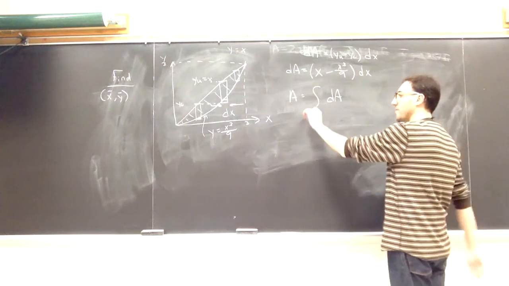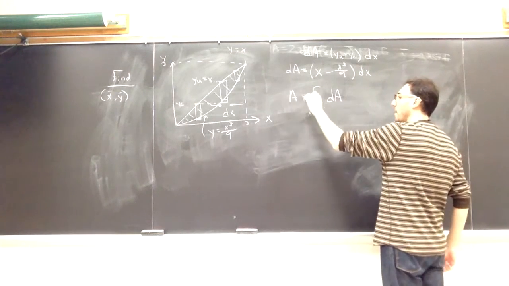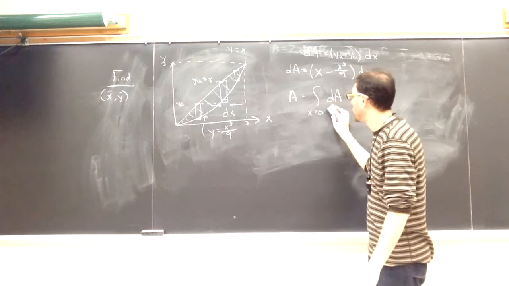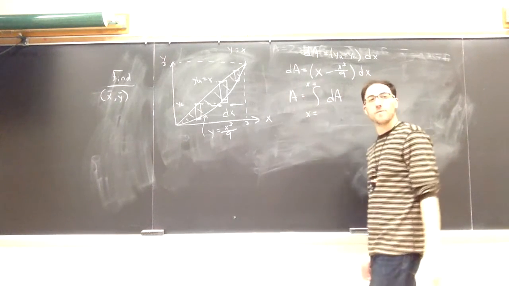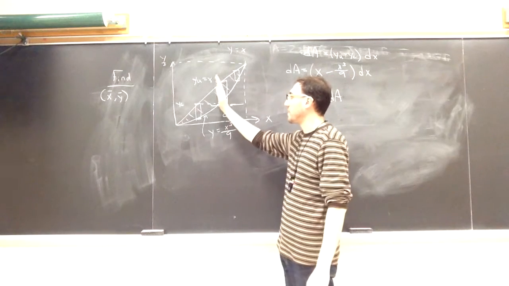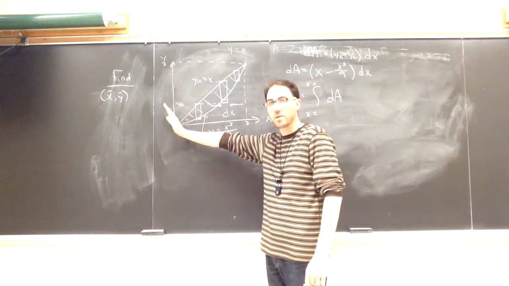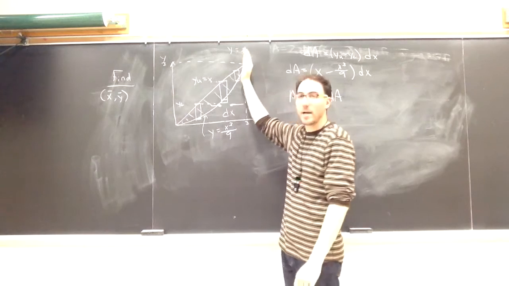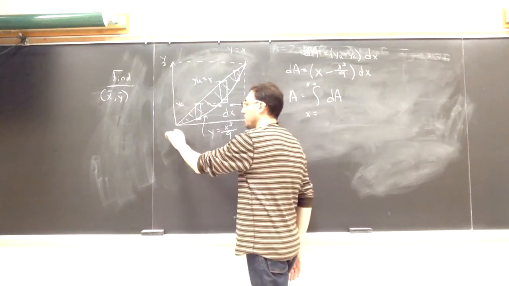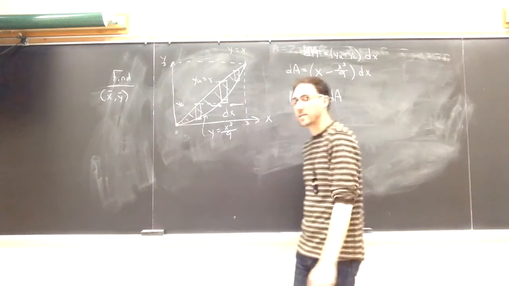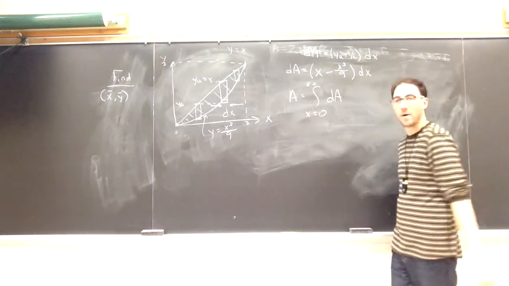Everything's going to be in terms of x, so that is how I want to define my bounds here: what's the x bounds going to be. For the vertical rectangles, I have to see at what value of x do they start, and at what value of x do I stop adding rectangles together. So in this case, the first rectangle is going to start when x is equal to 0, so that's my lower bound.